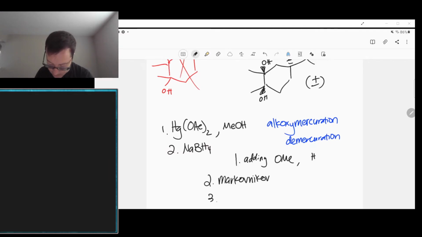And step 3, what's the stereochemistry here? This will just be racemic. But technically, this will be a syn addition, right? It is a syn addition, although because we're adding hydrogen, typically that's not going to make the other one chiral.